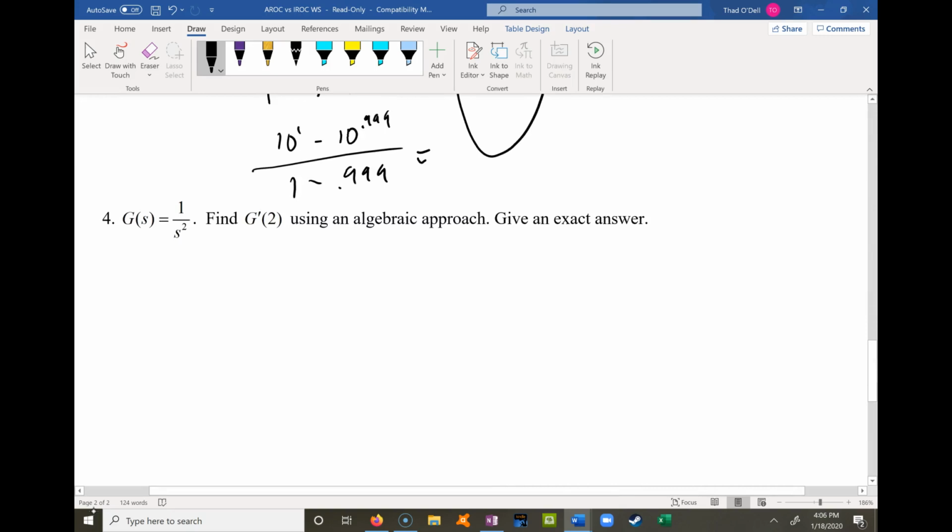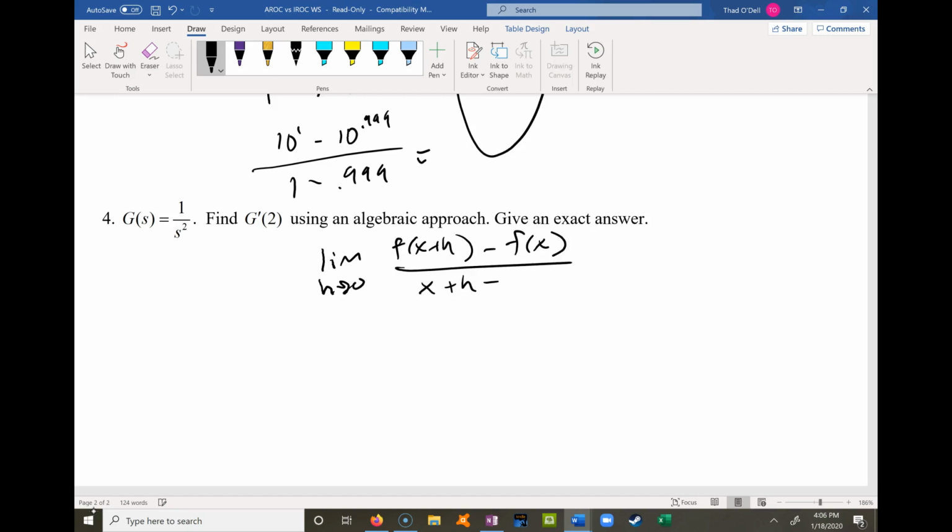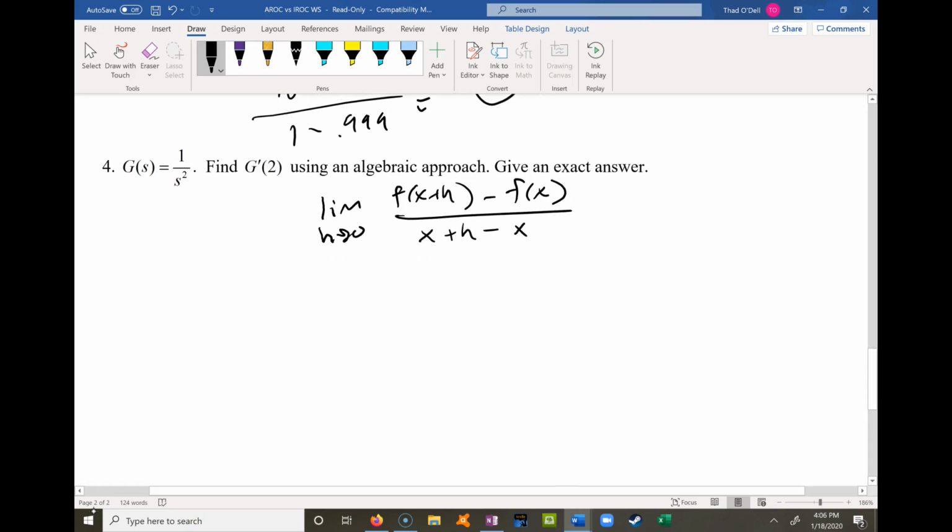Okay, now down here, this says use algebraic approach. So this would be, I'm going to use this limit as h approaches 0 of f of x plus h minus f of x all over x plus h minus x. And only we want x to be equal to 2.